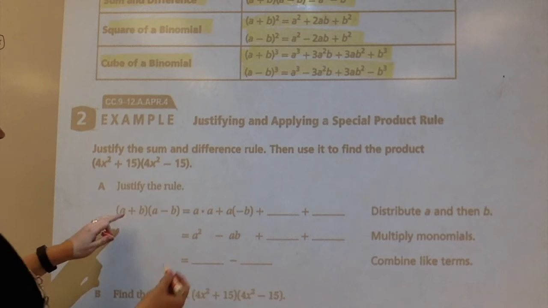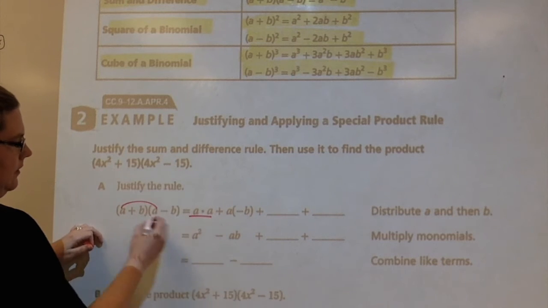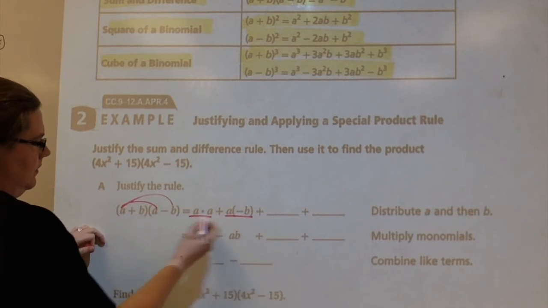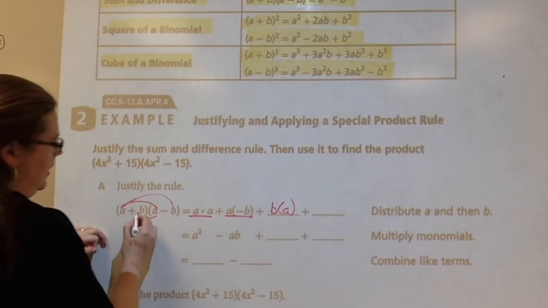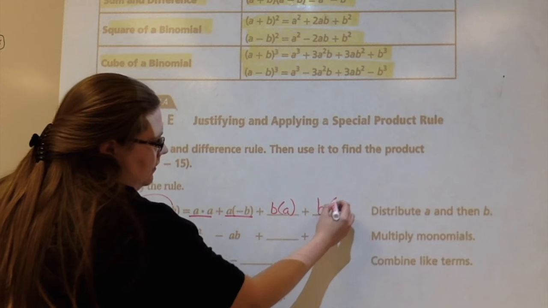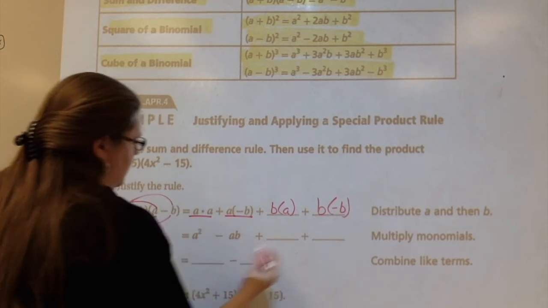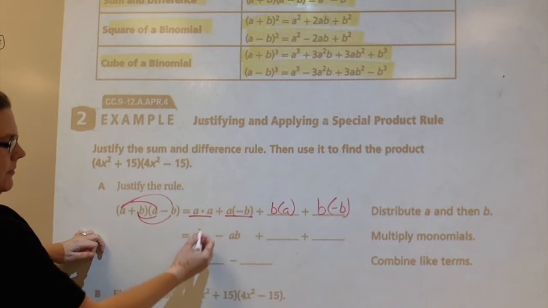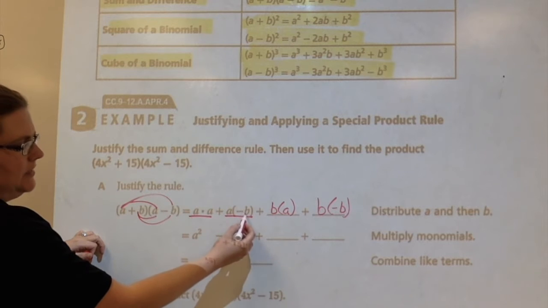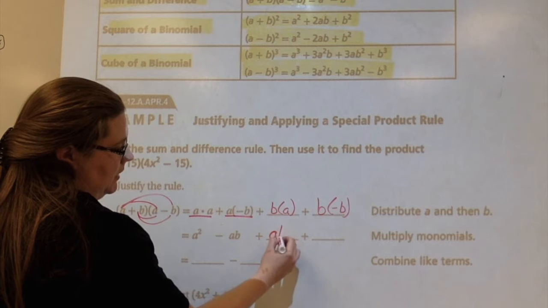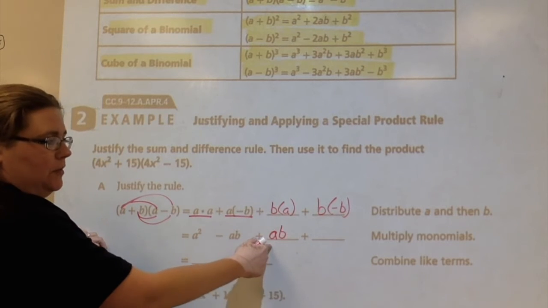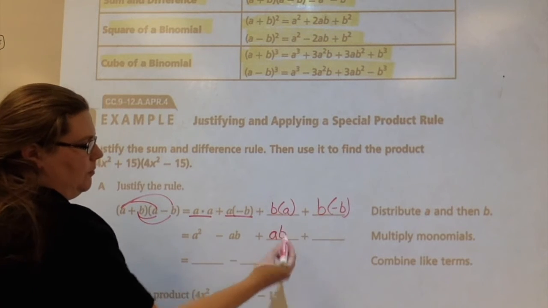Justifying the rule. A times A, A times negative B, B times A, and B times negative B. So then simplifying here, A times A is A squared, A times negative B is negative AB, B times A again is AB, and I'm writing it with the A first because you should write your variables alphabetically.